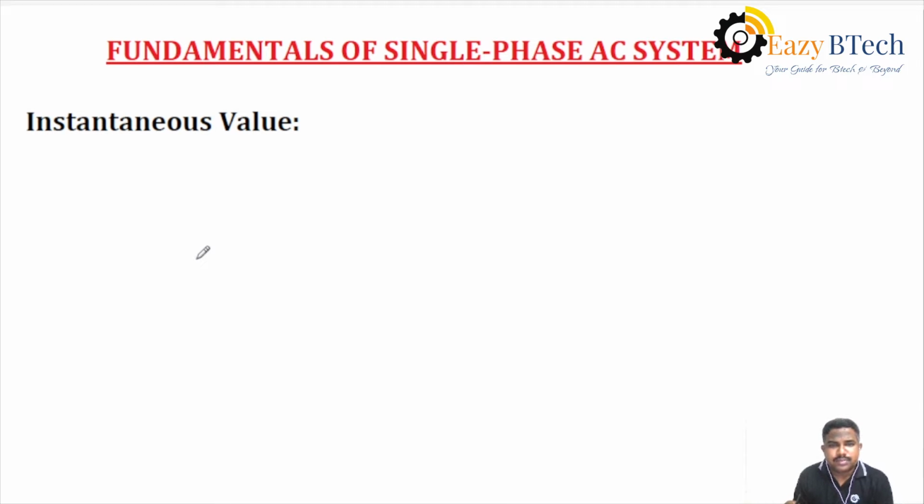I am discussing the fundamental topics belonging to AC systems. What are the basic definitions in a single phase AC system? In that, first of all, what is instantaneous value?